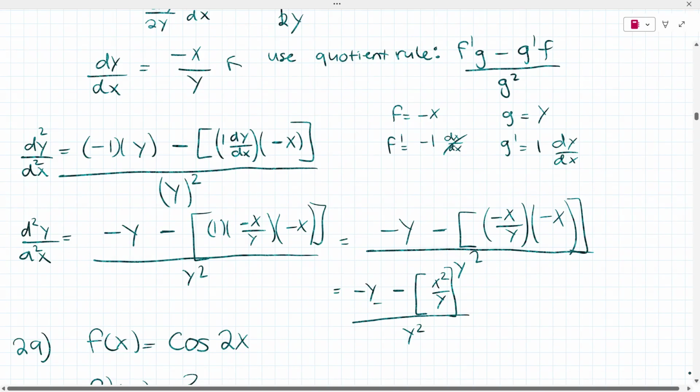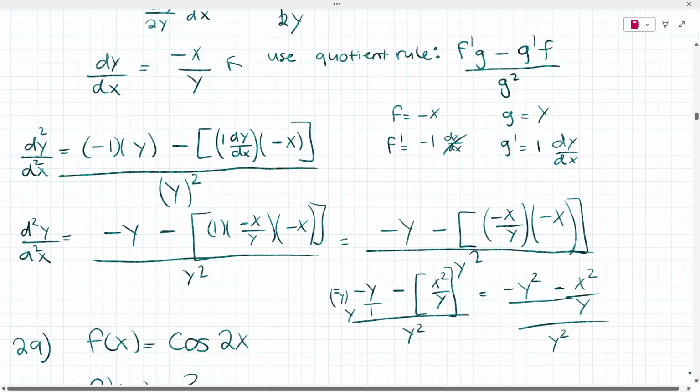This has a denominator of 1, so your LCD is y, so multiply this top and bottom by y. So that's going to be negative y squared minus x squared over y, all over y, and then all over y squared.